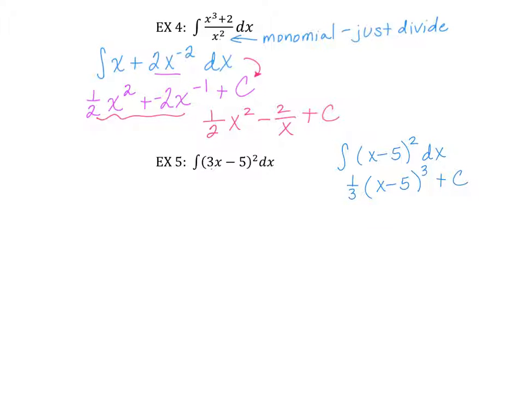I actually could, and the reason is that the derivative of this inner thing is 1. Now, if you look at this one, I can't go straight power rule because the inner derivative is not 1. So you say, well, what do we do?